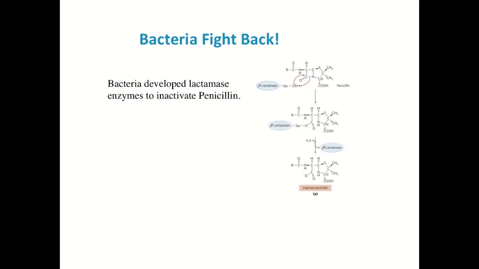Now, interestingly, bacteria, in response to our introduction of penicillin, developed an enzyme called lactamase, which inactivates penicillin. And the way those work is that they attack the penicillin and make the penicillin inactive. So just like the penicillin made the transpeptidase inactive, the bacteria fought back, creating a different enzyme to make the penicillin inactive.